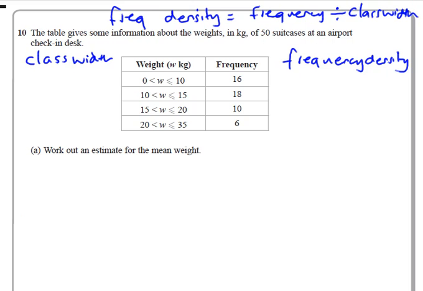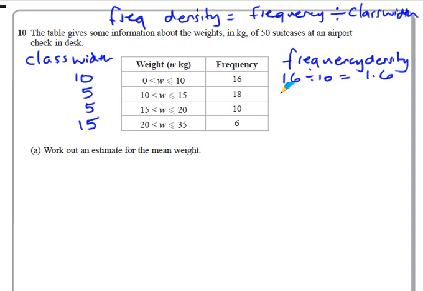Okay, so our class width for the first class is 10, and then 5 between 10 and 15, 5 between 15 and 20, and 15 between 20 and 35. So our frequency density for the first class is 16 divided by 10, which is 1.6.